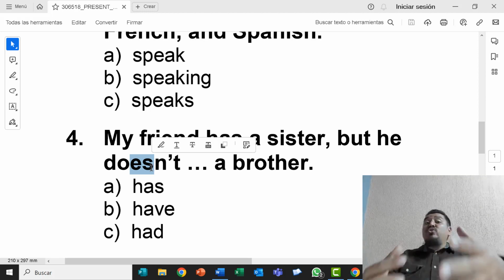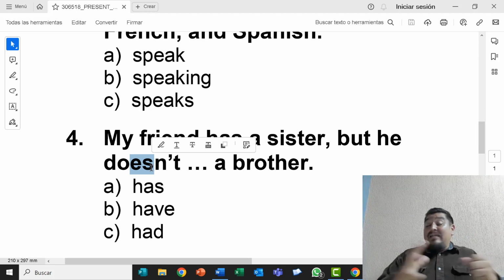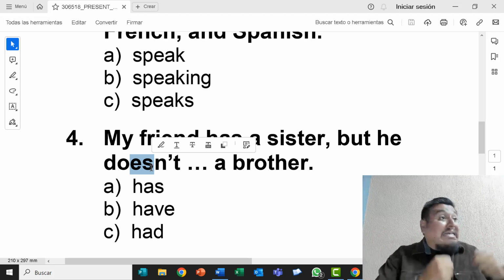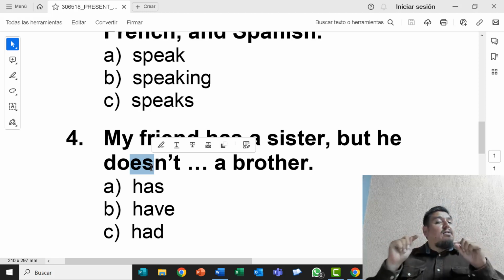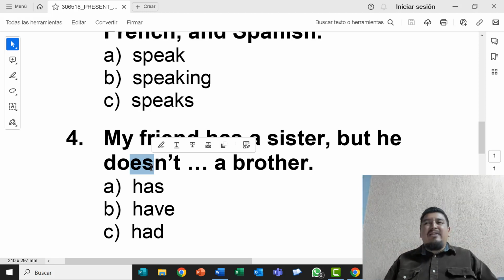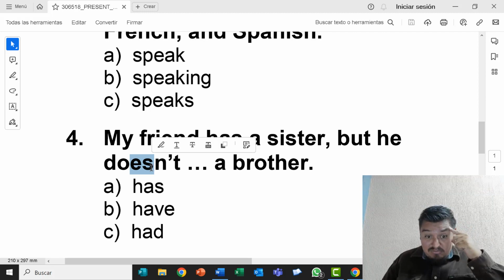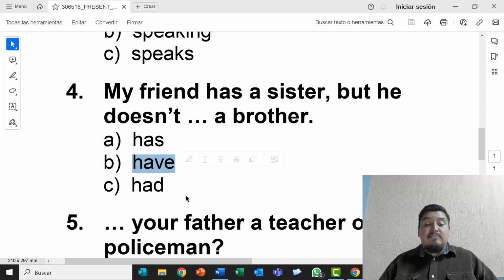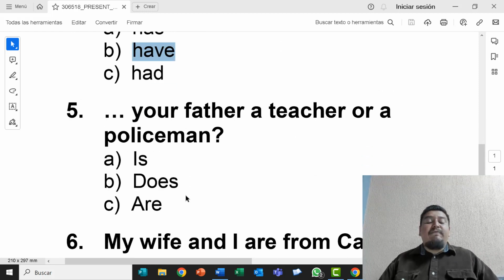I don't have, you don't have, we don't have, they don't have, she doesn't have, with the verb in the base form. He doesn't have and it doesn't have. Esto no tiene una explicación. So it doesn't have a logical explanation. Okay? So the correct answer here is, but he doesn't have. He doesn't have.